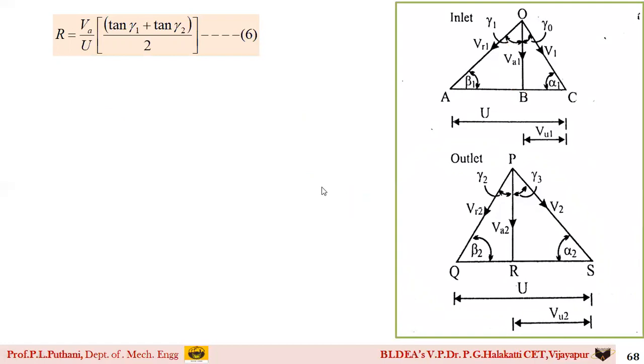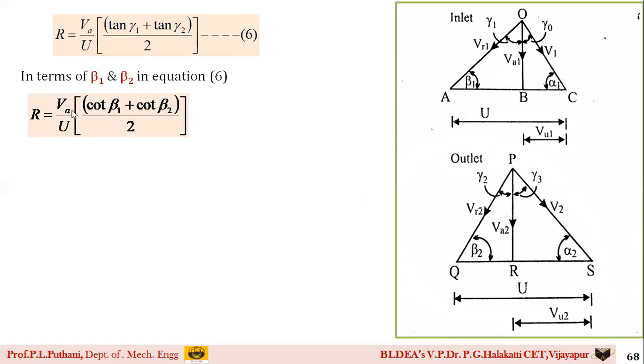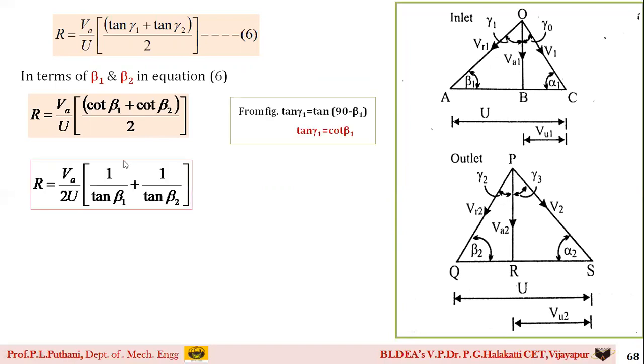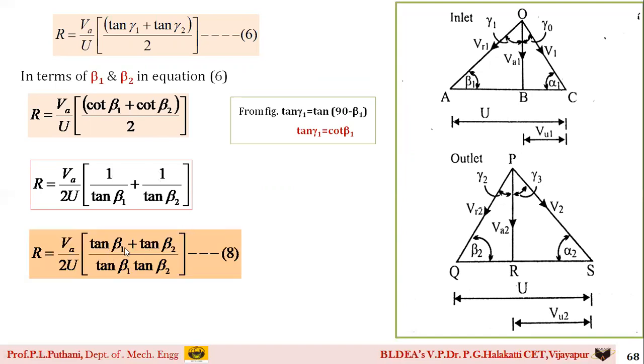Now the same thing I am going to do here. In terms of beta 1 and beta 2, I get it as VA by U (cot beta 1 plus cot beta 2) by 2. Or this cot beta is nothing but 1 by tan beta. This becomes 1 by tan beta 1 plus 1 by tan beta 2, or this degree of reaction equation becomes (tan beta 1 plus tan beta 2) by 2 divided by tan beta 1 into tan beta 2.